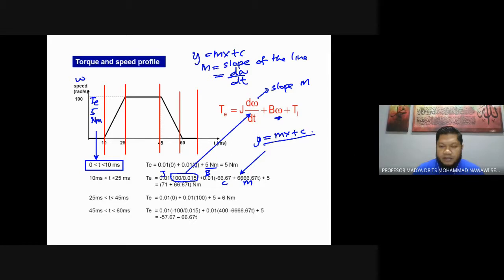So how to get that m from there, to get the slope: delta omega over delta t, 100 over 25 minus 10, 15.